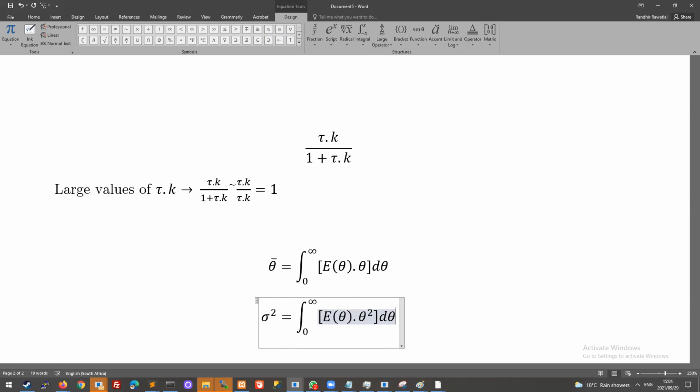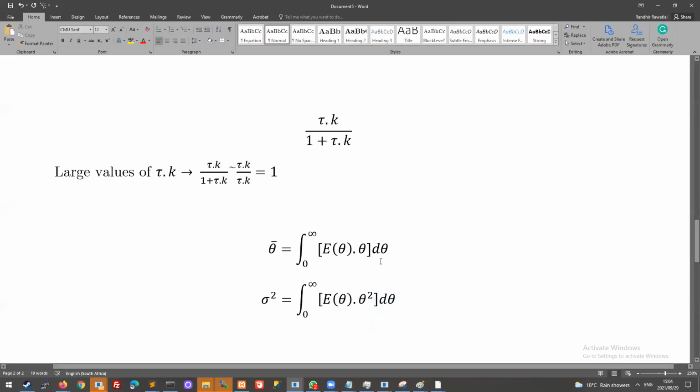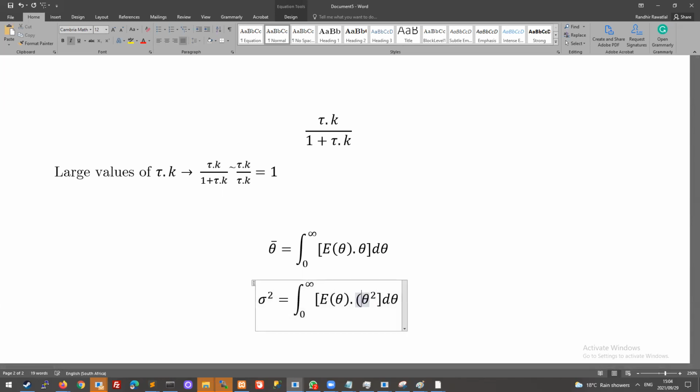integrated in theta. Right, and if you are familiar with the concept of variance and standard deviation, then you'll be able to, well, in fact, it's not theta by itself, it's theta minus theta mean, theta minus theta bar. Right, so you can see here the current theta minus the average theta, times E of theta d theta.